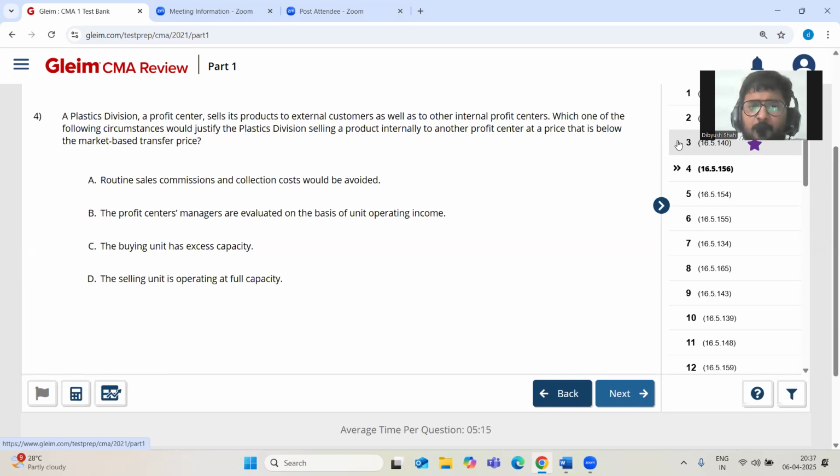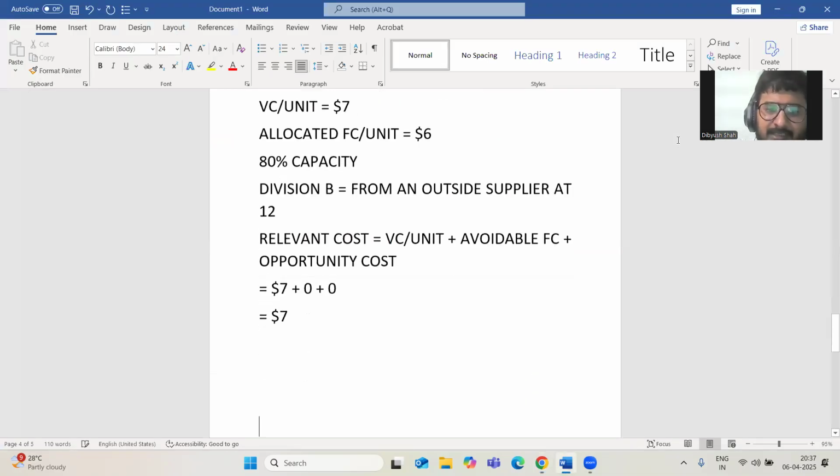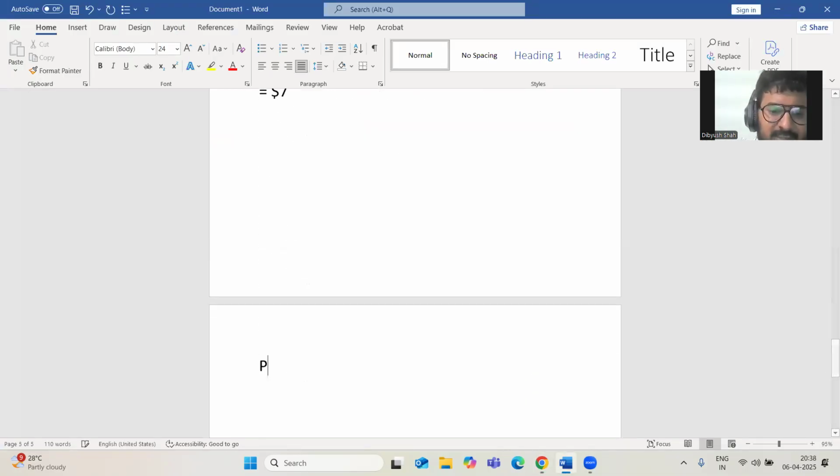Which one of the following circumstances would justify the plastic division selling a product internally to another profit center at a price that is below the market-based transfer price? So what they are telling is there is a plastic division in a company.